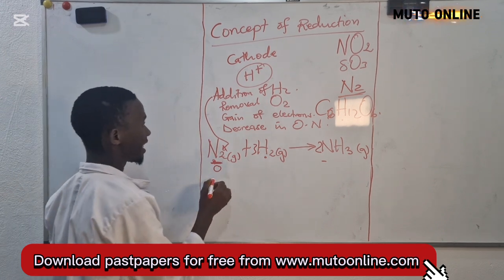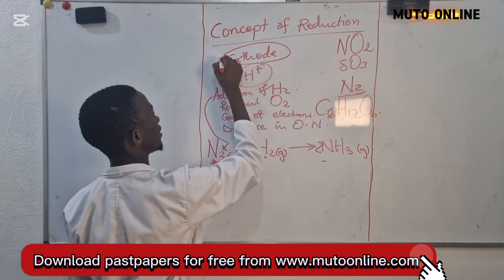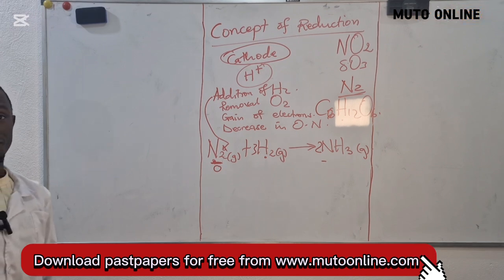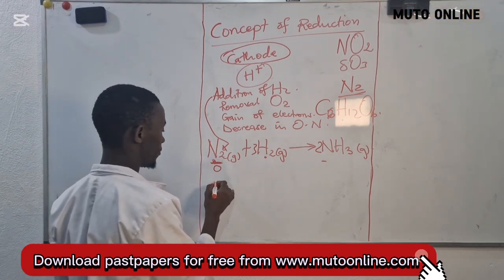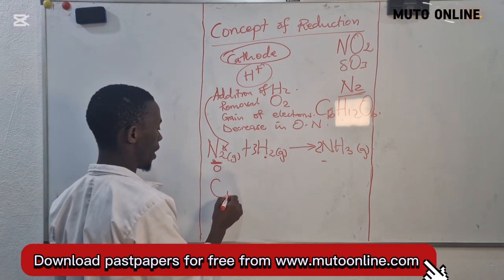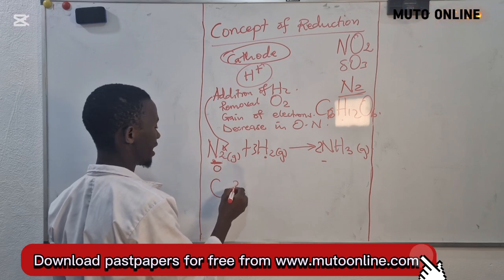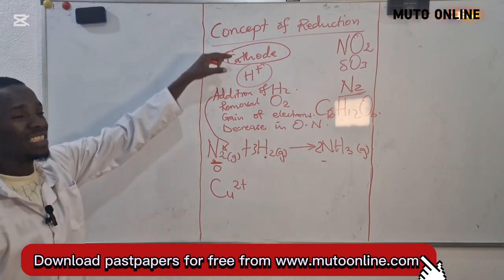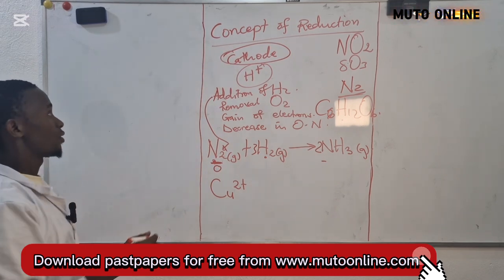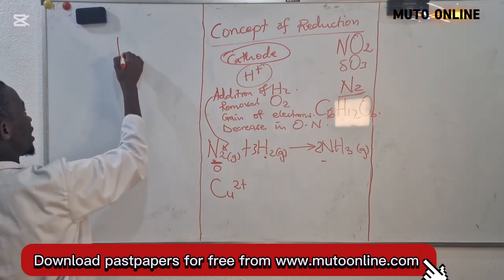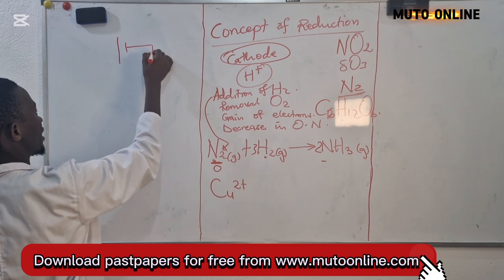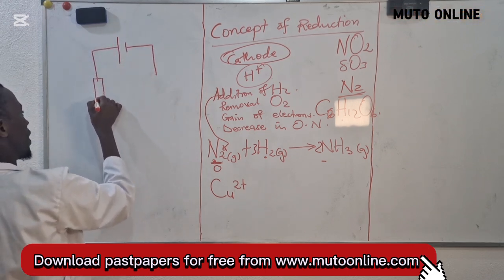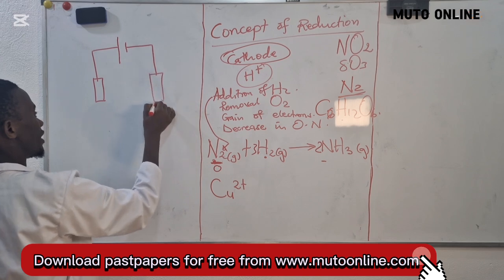We can look at the discharge at the cathode equations. Let's say if we want to electroplate anything with copper, we use it as the cathode. For those who covered electrolysis, the cathode is the load or battery terminal that is negatively charged.